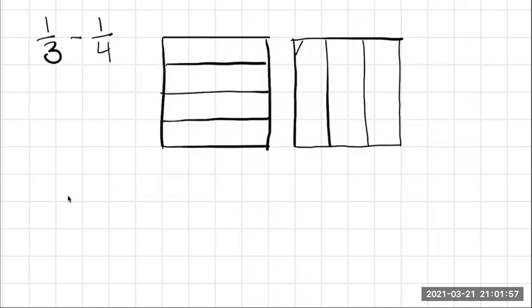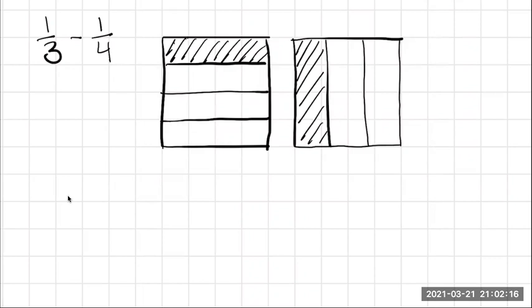When I'm taking 1/4 from 1/3, that's going to be a pretty small fraction left, right? So we know that our fraction is going to be very small.